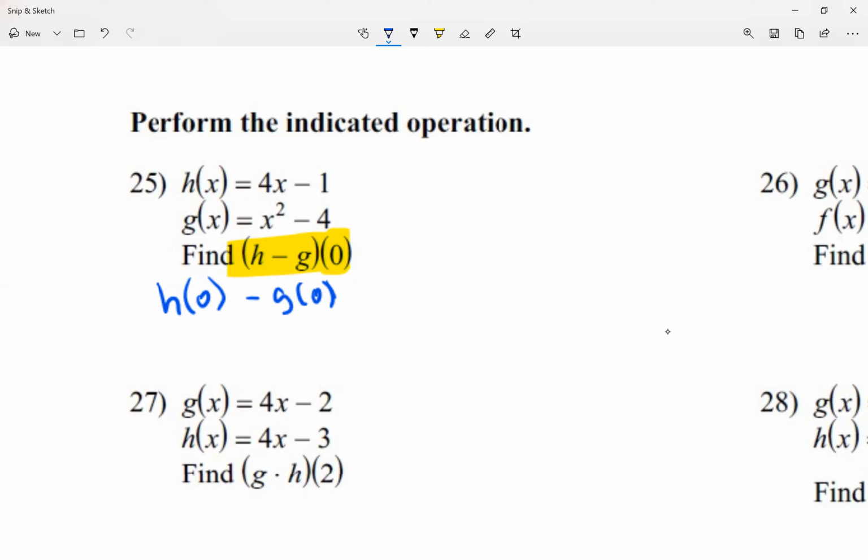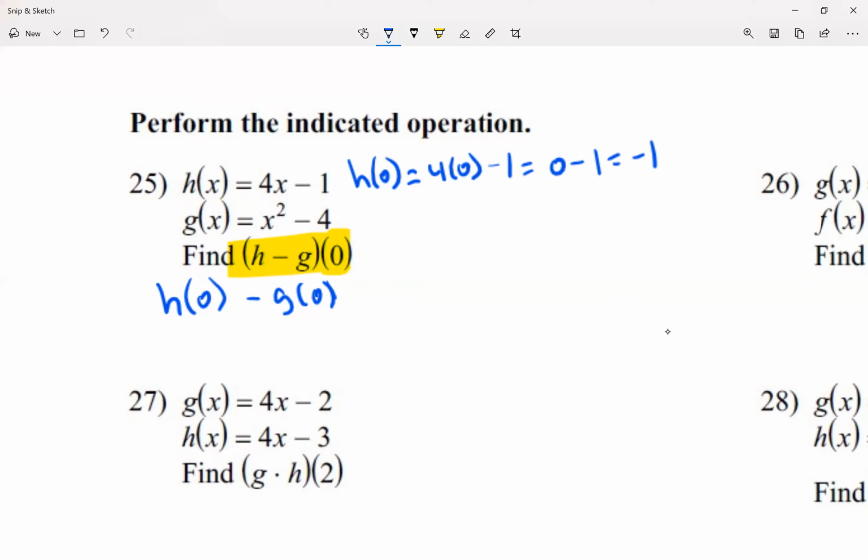So it would be nice if I knew what h of 0 and g of 0 are. So let me find that out. h of 0. So I'm looking at the function h. And the value of the variable x is going to be 0. So I have 4 times 0 minus 1, which is 0 minus 1, right? Because 4 times 0 is 0. So 0 minus 1 is equal to negative 1.